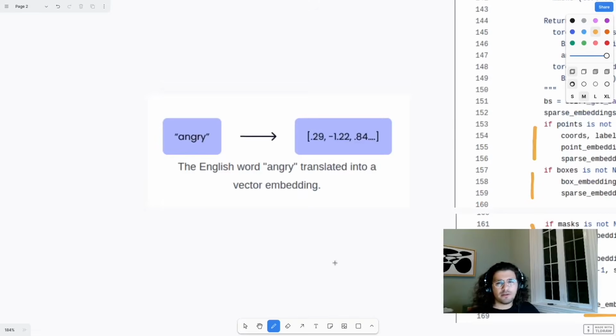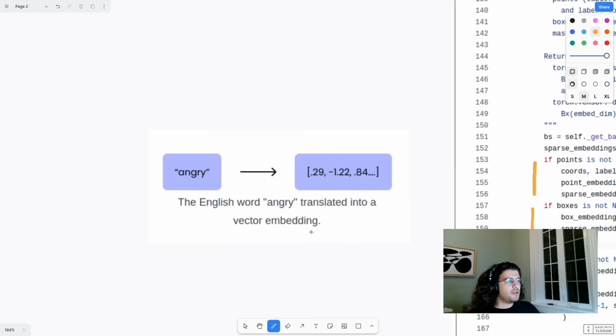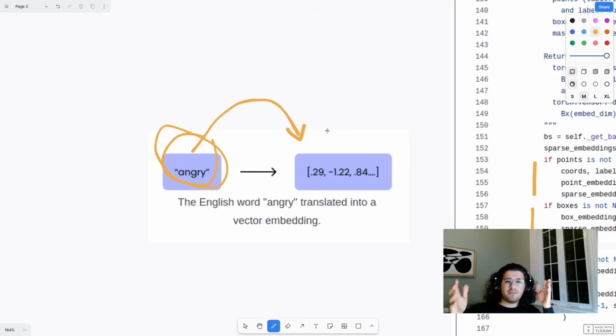So embedding, if you don't know, you should know, but if you don't: you take something that can have a lot of degrees of freedom in how it can be represented. In this case it's a text, but it can be a mask, it can be points, and then you find a representation in a set-dimensional space. Let's say it's 3-dimensional and it's a vector. So this vector now means angry.